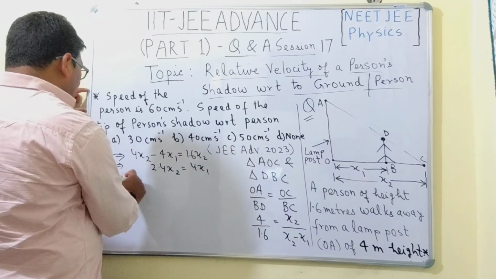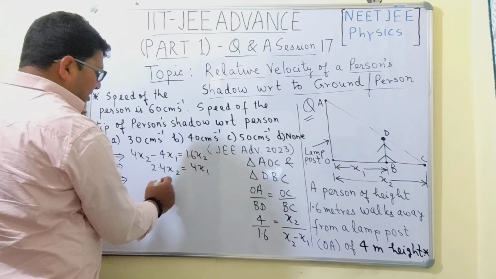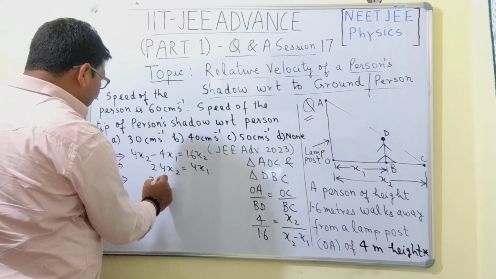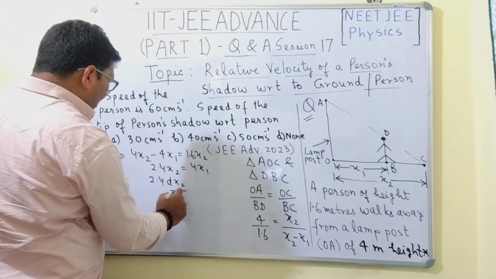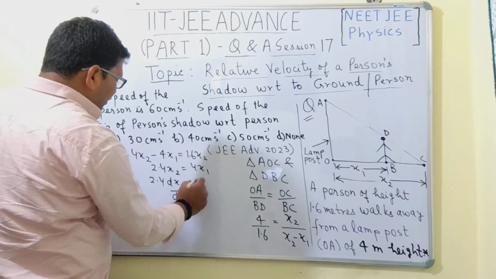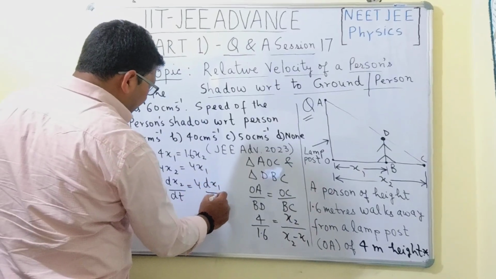If I differentiate this equation with respect to time t, then I will be getting 2.4 dx2 upon dt, which will be equal to 4 dx1 upon dt.